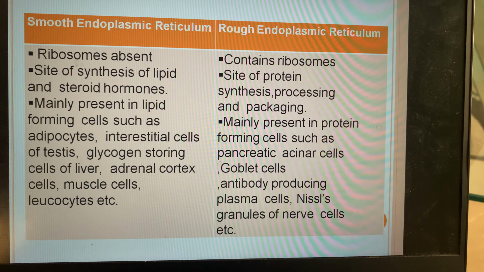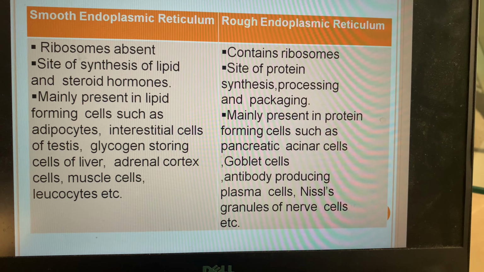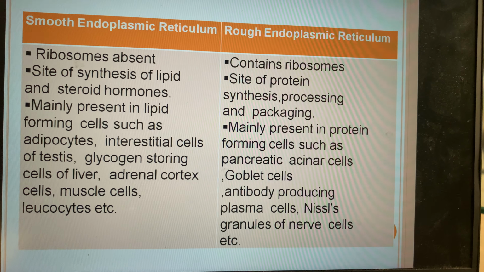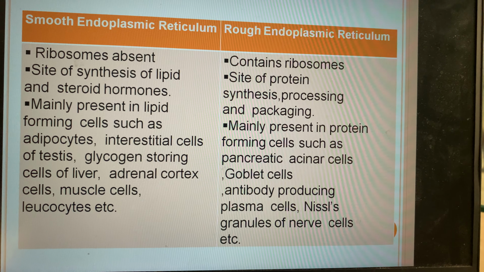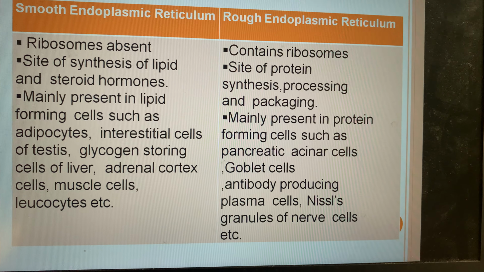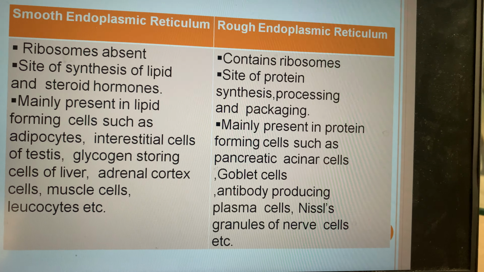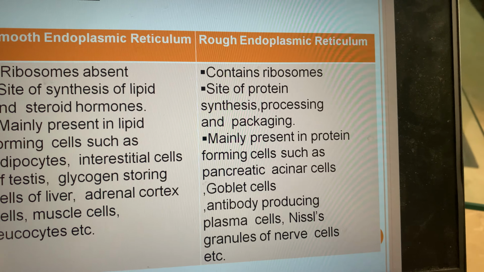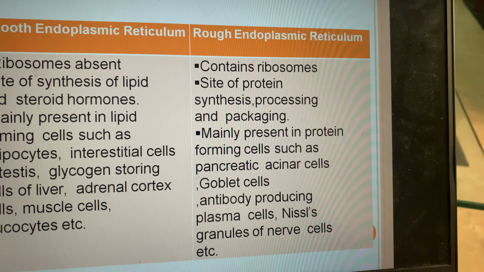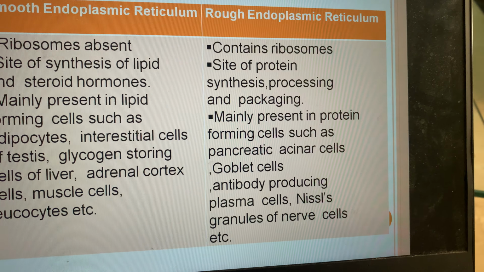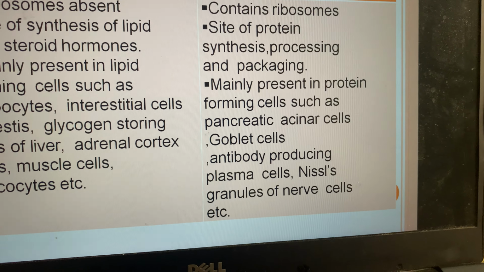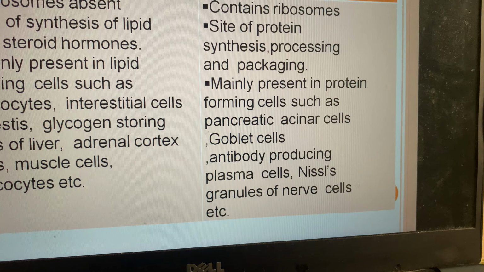The smooth ER is mainly present in lipid-forming cells such as adipocytes, interstitial cells of testes, glycogen-storing cells of liver, adrenal cortex cells, muscle cells, leukocytes, etc. However, rough ER is mostly present in protein-forming cells such as pancreatic acinar cells, antibody-producing cells, Nissl granules of nerve cells, etc.